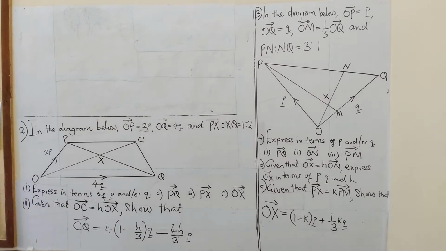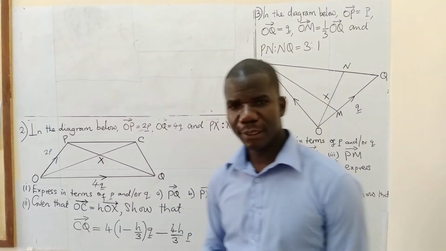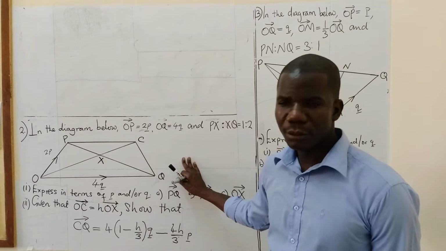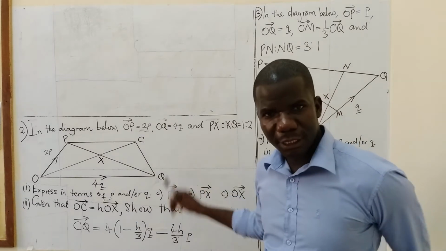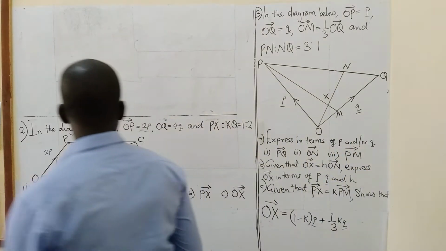So we come to question 2. Those of you that have access to past exam papers can find this question in the 2017 November paper, Examinations Council of Zambia. Let's read the diagram below.